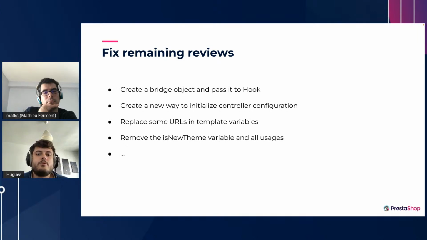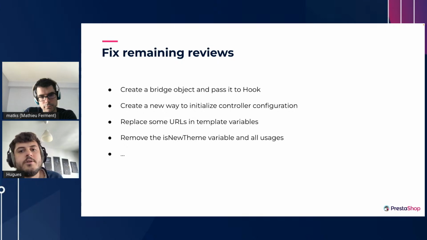Now we pass the instance of the controller, and we don't want to pass the Symfony controller, so we will create a bridge object that modules can use in hooks. In this object you will find all the properties needed by modules, with the same names as in legacy, to avoid developing the modules again.